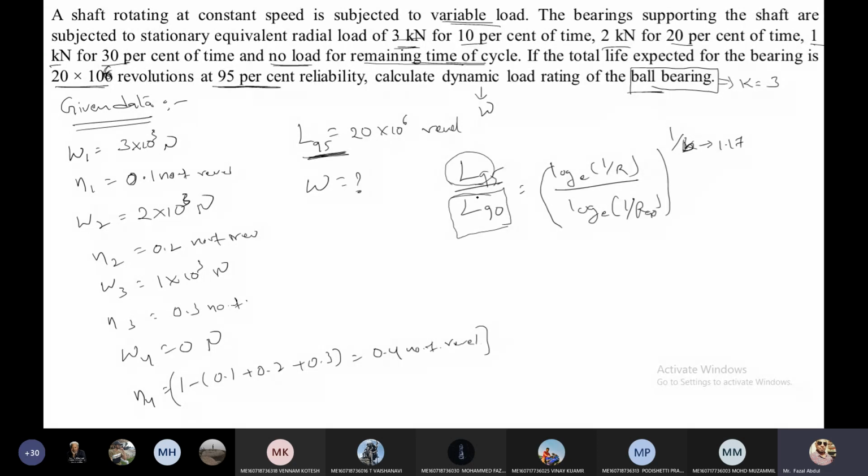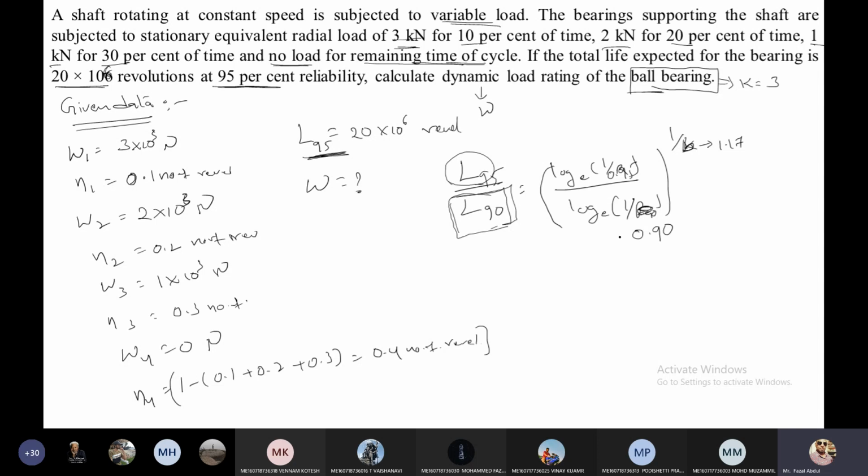So this is the constant, we don't change this L90 value here. Whatever the changing values, we have to change here. L95 by L90. Okay. So because of 95% reliability value we have to take 0.95, and the other is 90%, so that is the reason we have to write the reliability as 0.9.